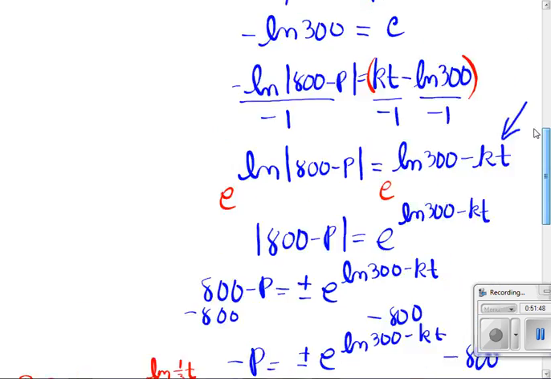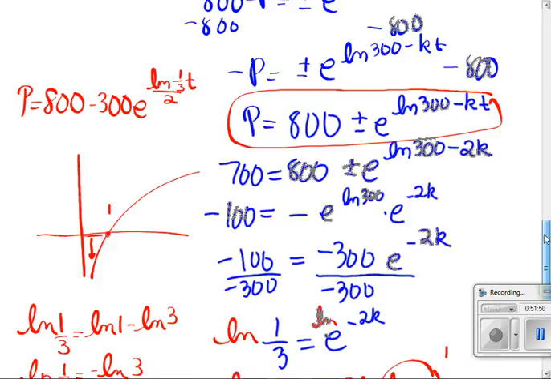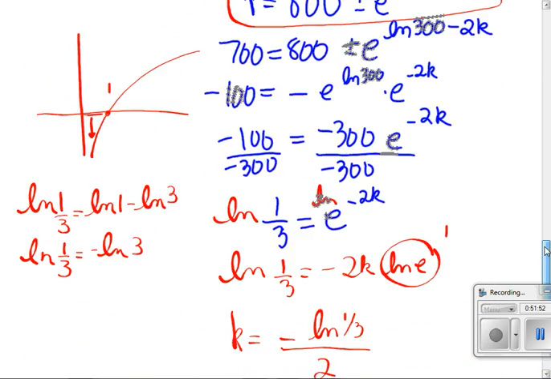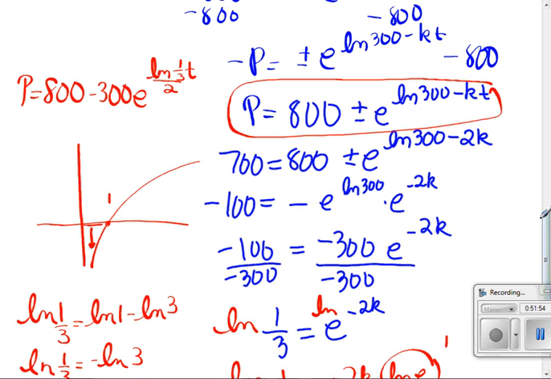So then we want to find the limiting value as t goes to infinity. So where's my formula? It's not that bad. You just have to think a little bit. I want the limit as t goes to infinity of 800 minus 300 e to the 1/2, let's make it negative log of 3, t.